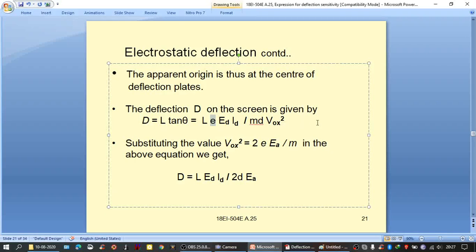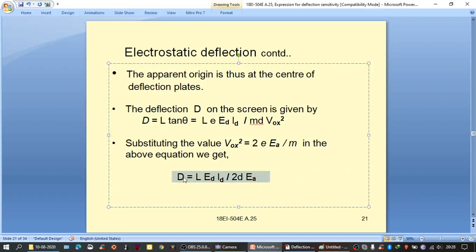Vox is written separately, so left out are Md, out of which M got cancelled out. So in the denominator it is 2d into Ea. Whereas in the numerator it would be L Ed LD.